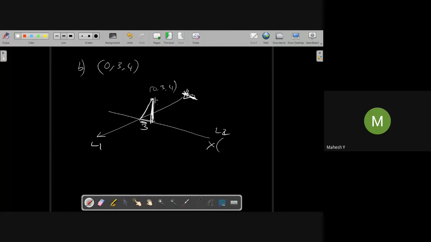This is the z coordinate 4. So what is the perpendicular distance for the line L2? How much is the perpendicular distance from line L2? Directly upward.